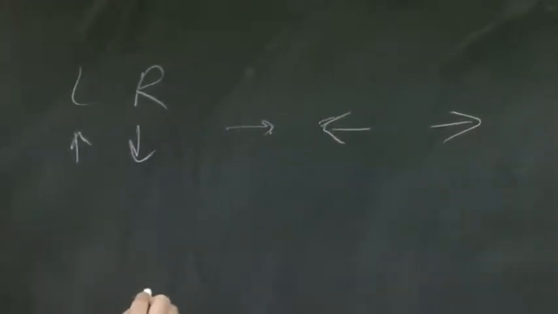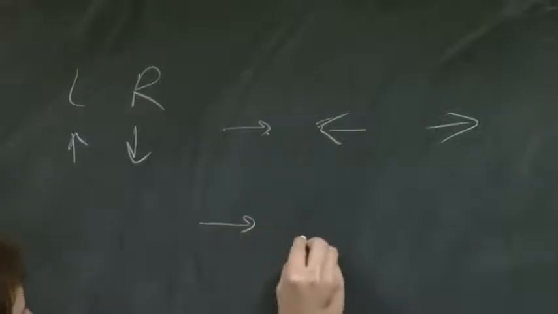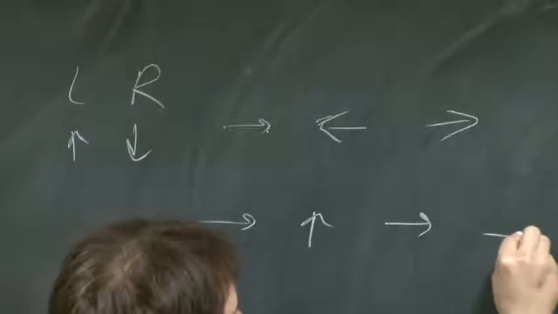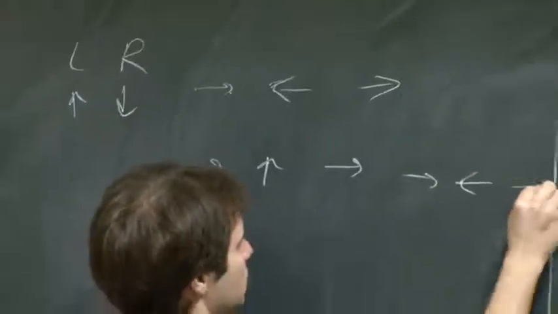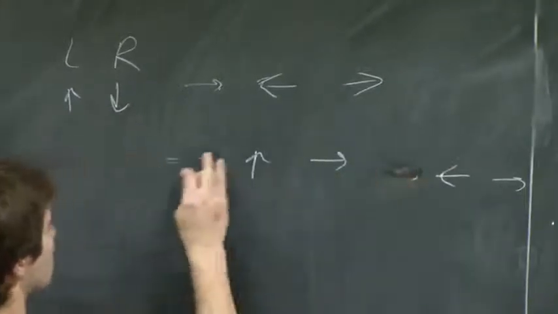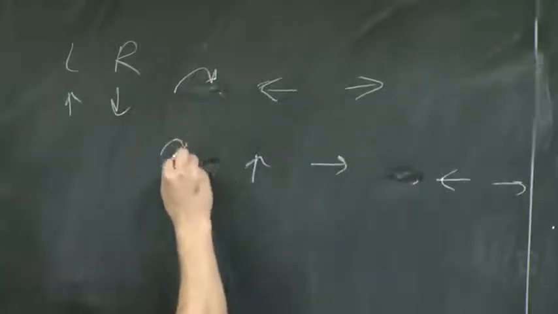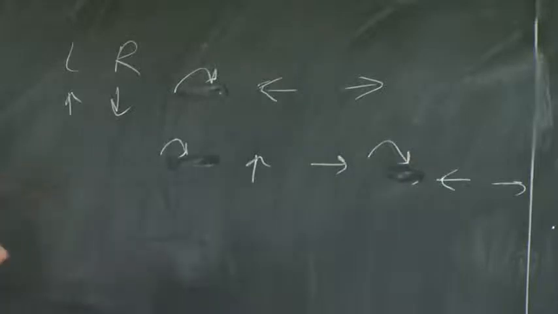And I'm considering, do I want to go directly or do I want to go up, right first and then left, right? Let's not do these arrows because they're confusing. So do I want to transition like this or do I want to transition like this?